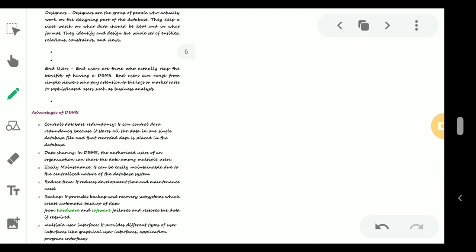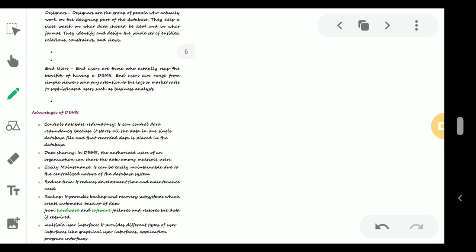So you can say the drawbacks have been transformed into advantages. What are those advantages? The first is minimizing data duplication, the data redundancy we talked about in the file management system. In a DBMS, a particular data item is stored centrally in one place and shared by all the applications.